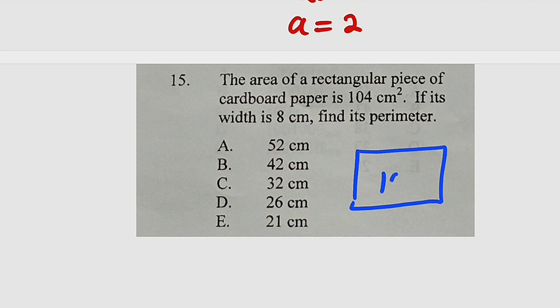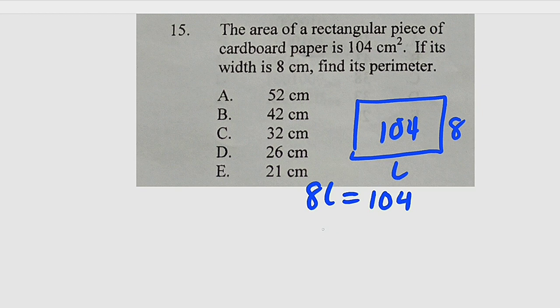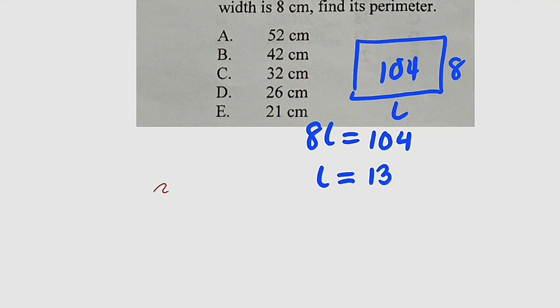The area is 104 and the width is given as 8 and we don't know the length. Let's find the length. If you take the length and multiply by the width, which is going to give us 8L, this is exactly the same as the area. So if you divide both sides by 8, L will be equal to 13.